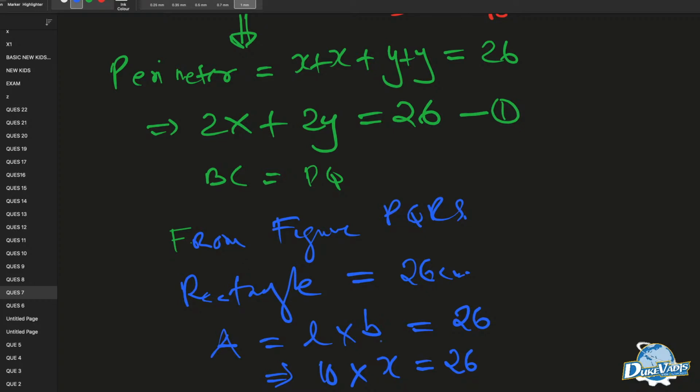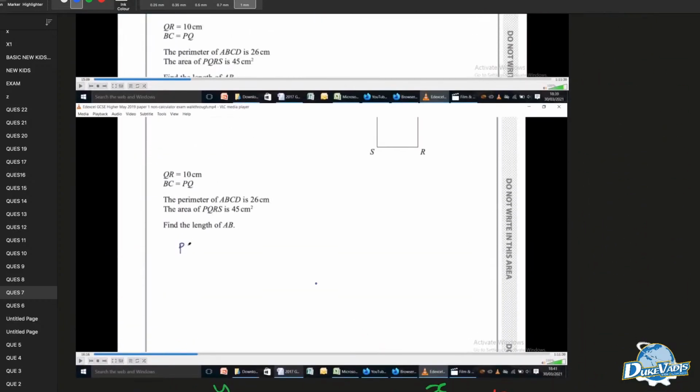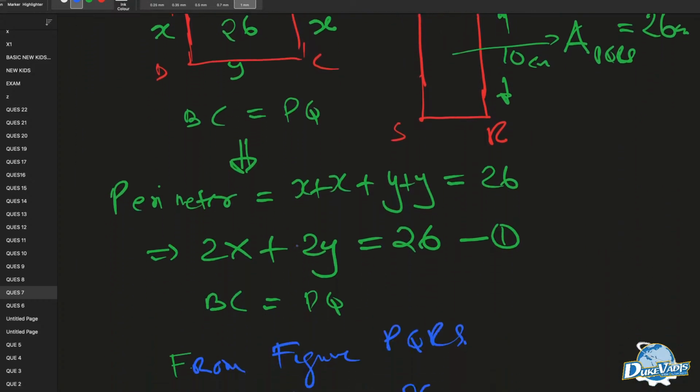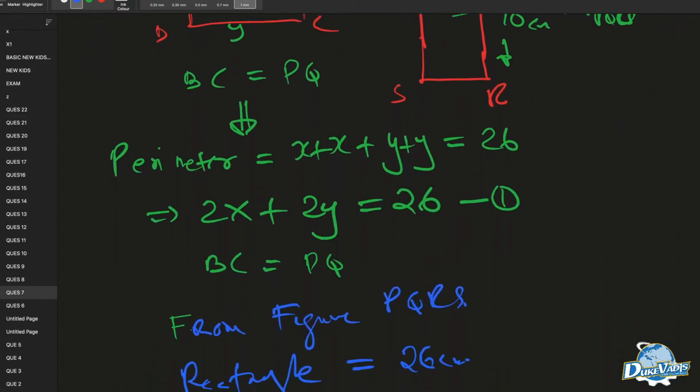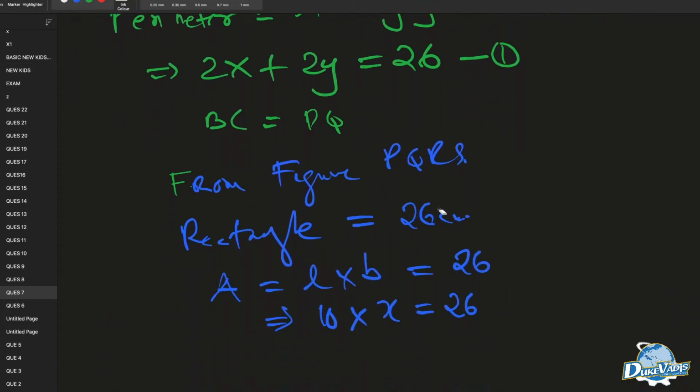Let me read the question again to get it right. What's the area given? Oh, the area is 45.